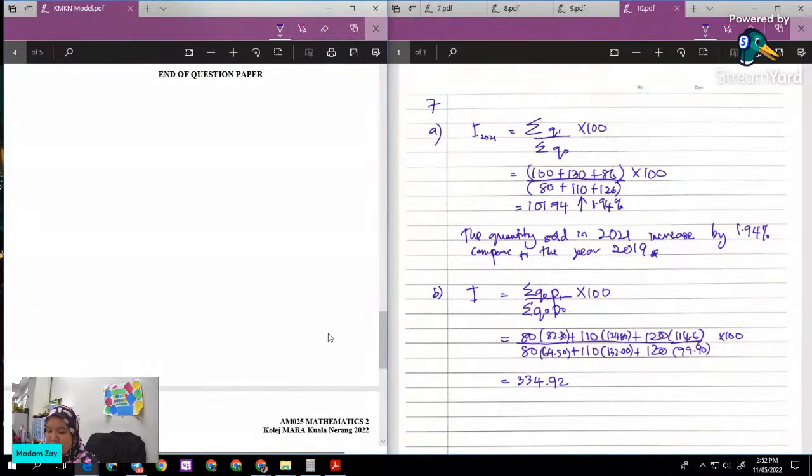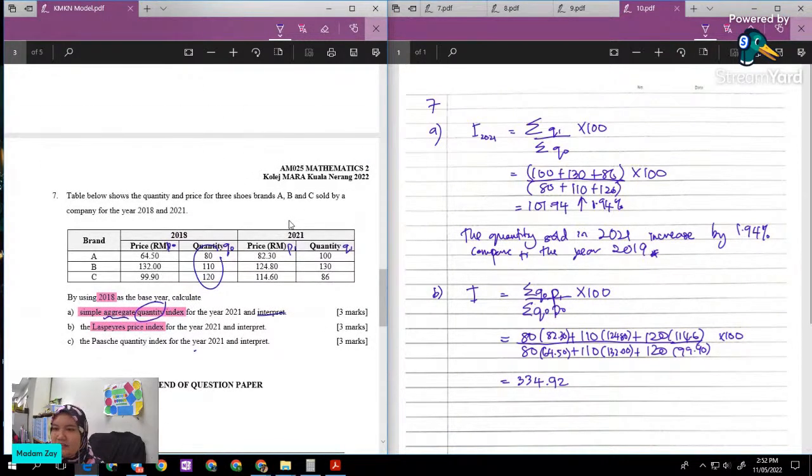Saya salah tekan ni. Oh, betul. So, jawapan dia 107.57, 2 decimal places. So, kat sini kita nampak dia increase by 7.57%.